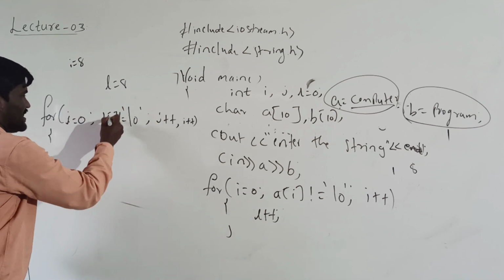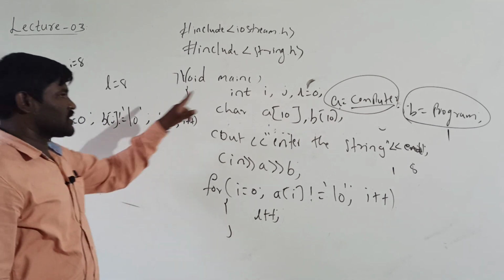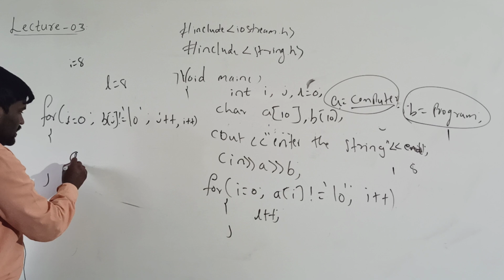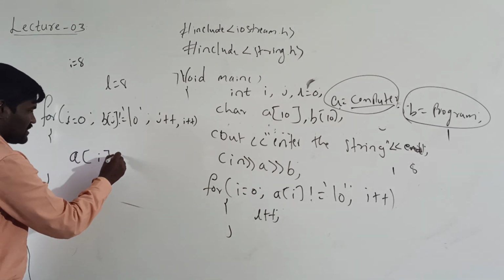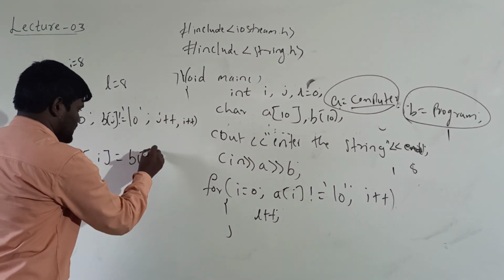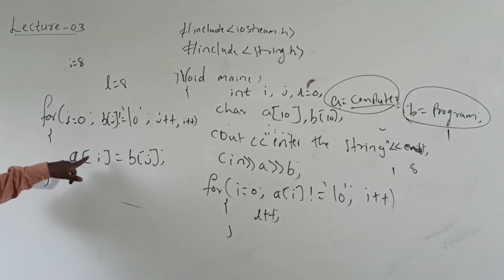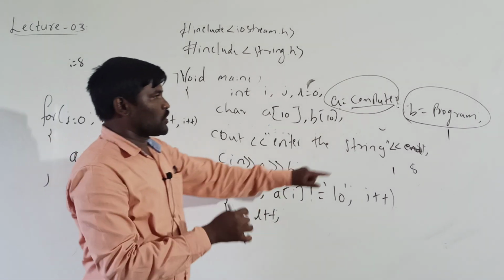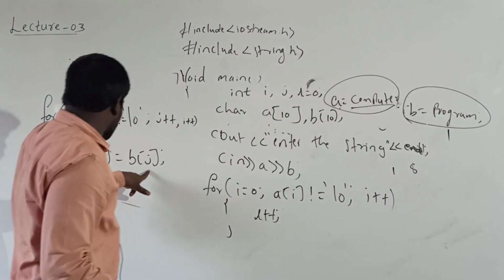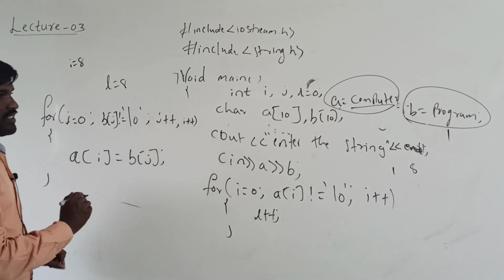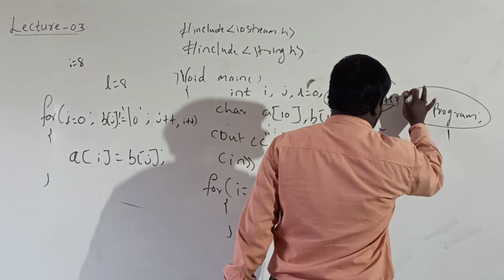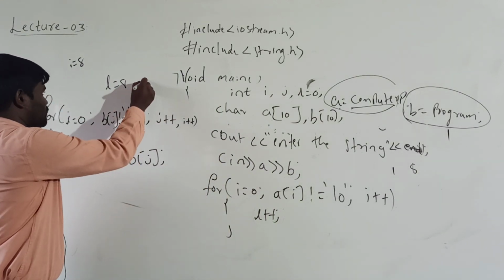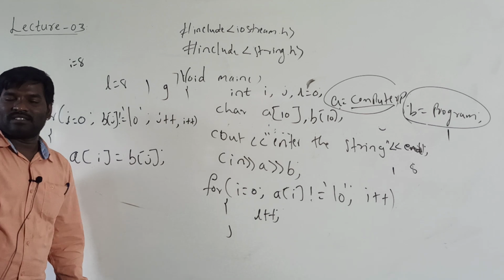b[j] is not equal to the null character. b[0] is p, which is not null, so the condition is true. a[i] = b[j]. The i value is 8, the j value is 0, and b[0] is p. It is stored in a[8]. Position 8 is not present, so it will create it and p is stored. Next, j++, j becomes 1, i becomes 9.